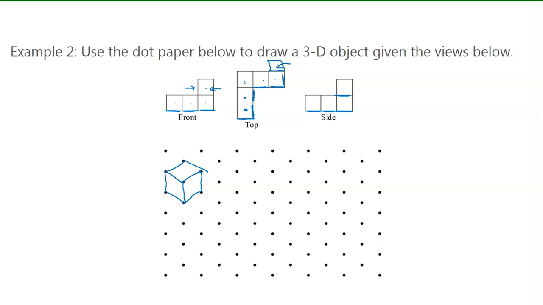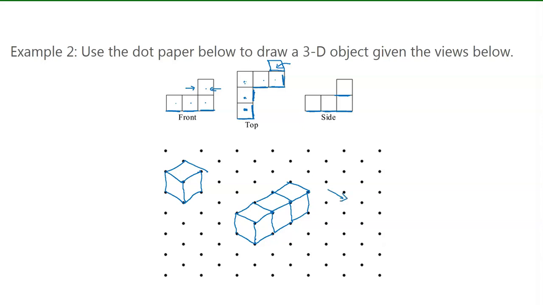So now let me start by drawing a block. Now next to that I need 2 more blocks. So I'm going to extend that. So now I need to come down this way.